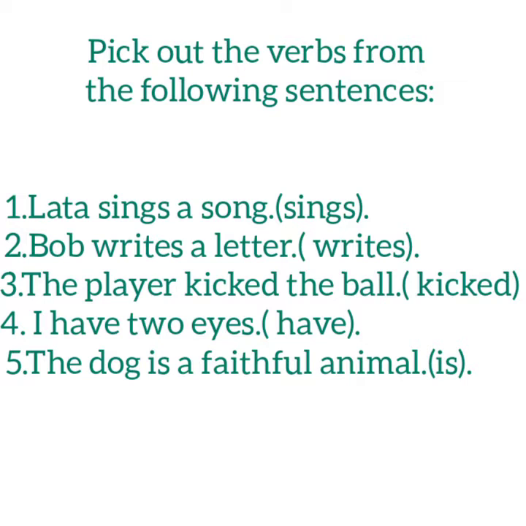In this sentence, the verb will be have. We have to pick out have. And number 5, the dog is a faithful animal. Here, is is the verb. This is also another statement about the dog. So, the verb here is is.